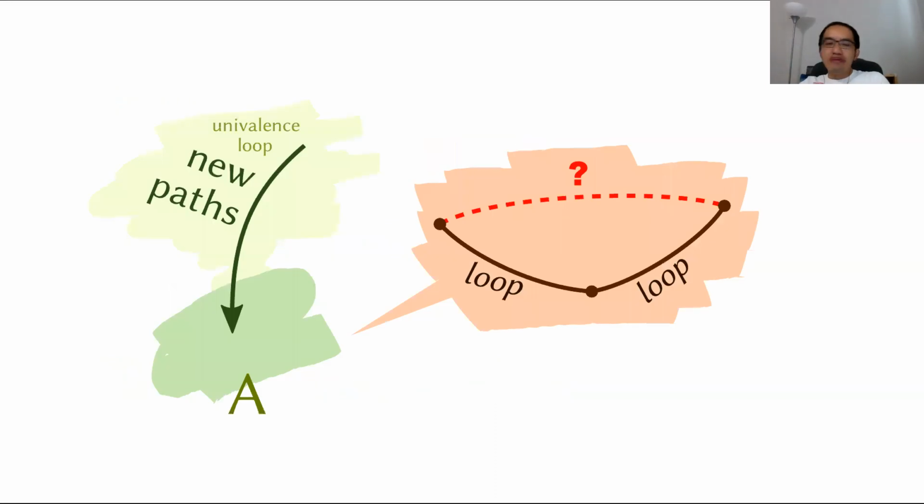So going back to our new paths business. The cubical type theory says that, okay, let's not change the identity directly, but instead just throw in new paths in A. But then it becomes a problem because the issue is that we might not throw in enough paths. Say that A is a circle here, and we are throwing in the loop as a path constructor.